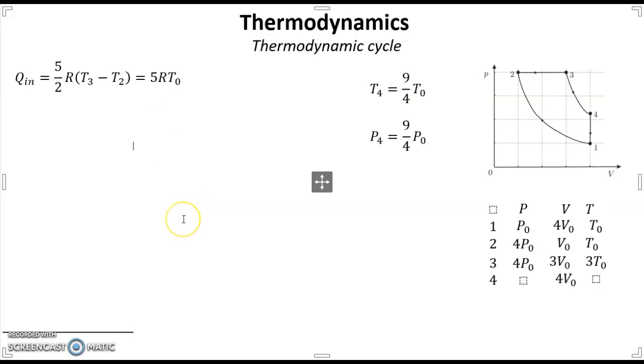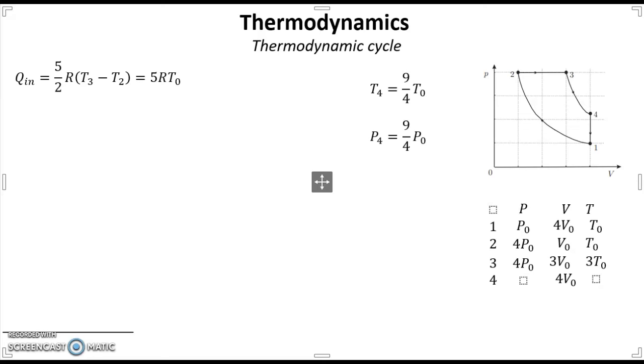The next question is to find the total work done by the gas during this cycle. The work done by the gas is equal to the total heat transferred through all these four processes. It means positive heat and negative heat. So first let's count the heat out during polytropic process 3-4.